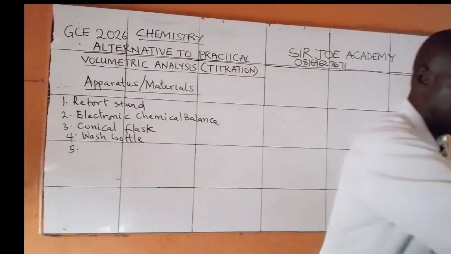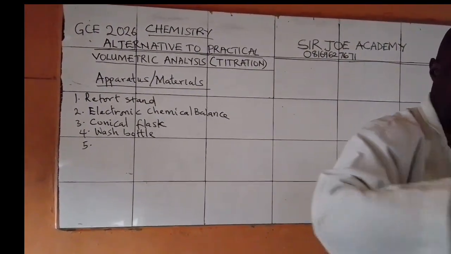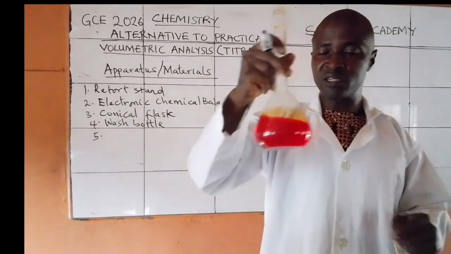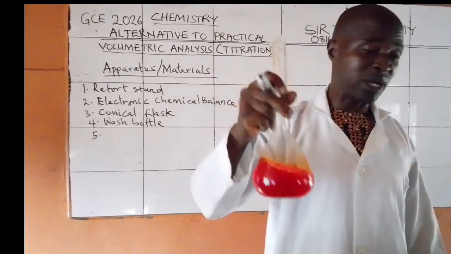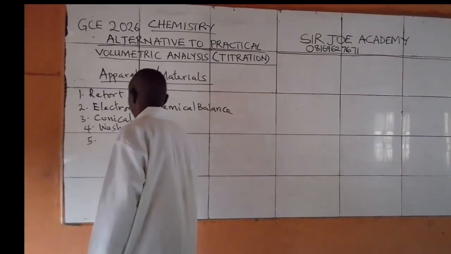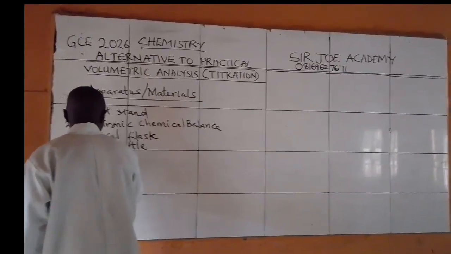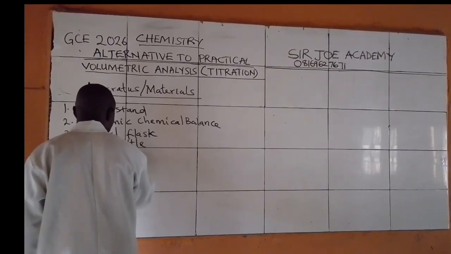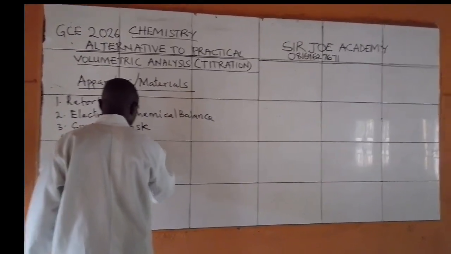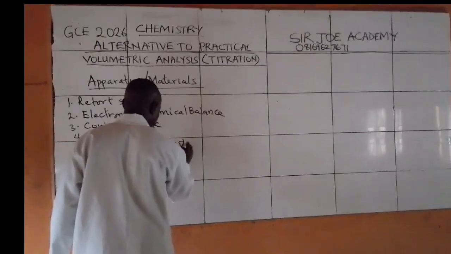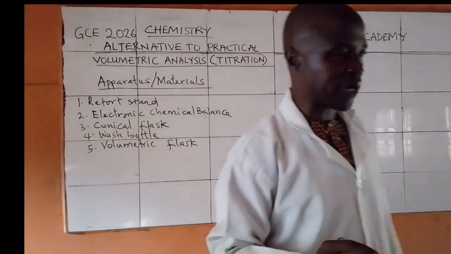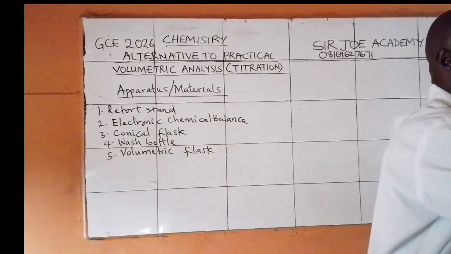Number 5, we have this is volumetric flask. Volumetric flask, they have different sizes.